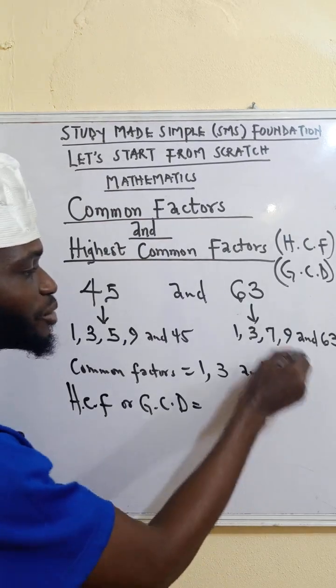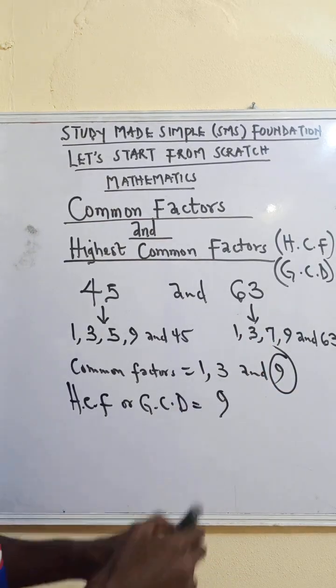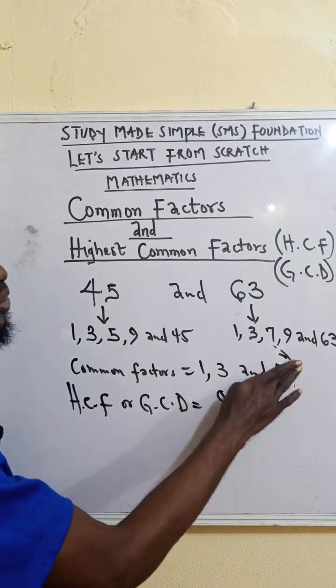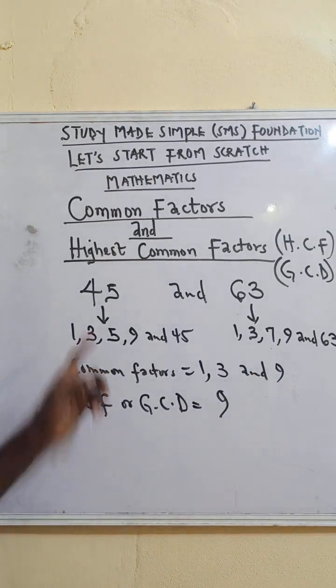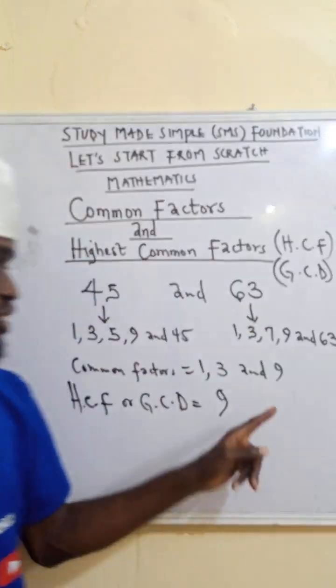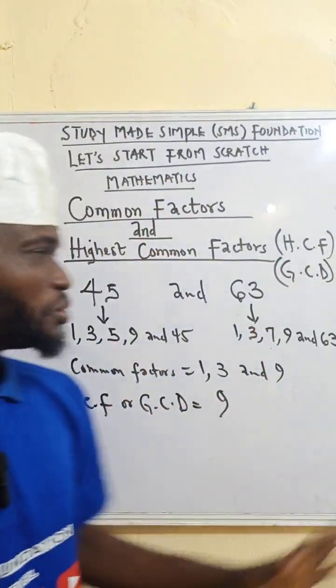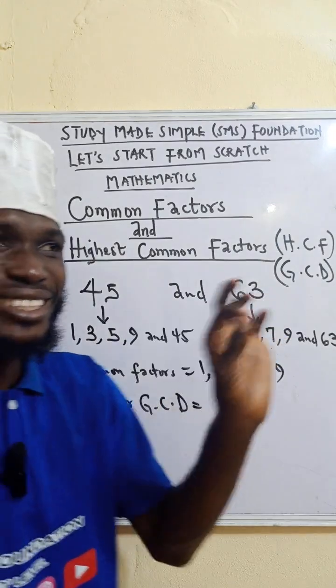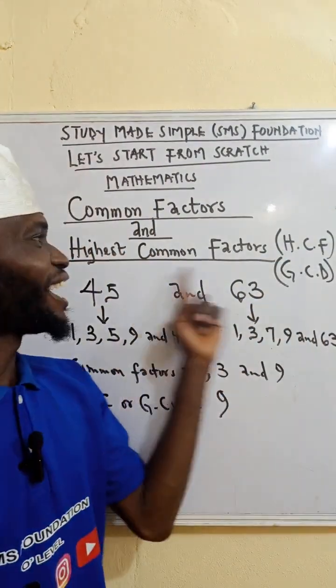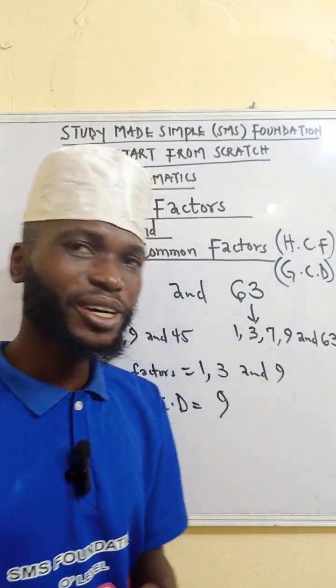So, the greatest among them is 9. So, that means the highest common factor or the GCD of 45 and 63 is equal to 9. Good. You can see that's the understanding of what highest common factor is talking about.